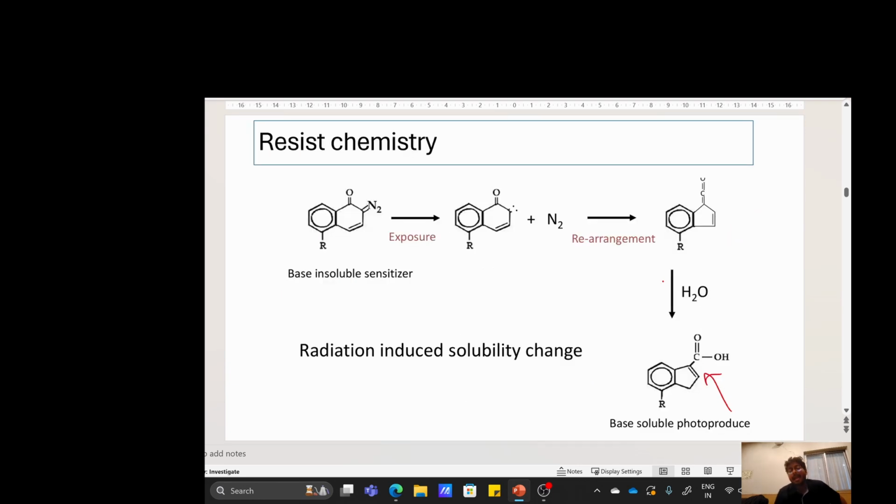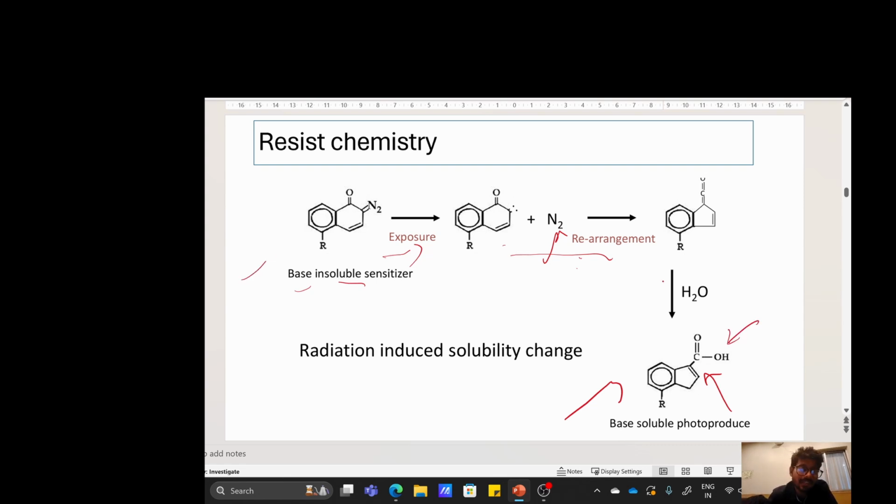Now, what happens to the resist when it absorbs the light? This is the base insoluble sensitizer. When we expose it to light, a reaction happens. N2 will be released, and there will be a rearrangement, and finally you will get this kind of product.